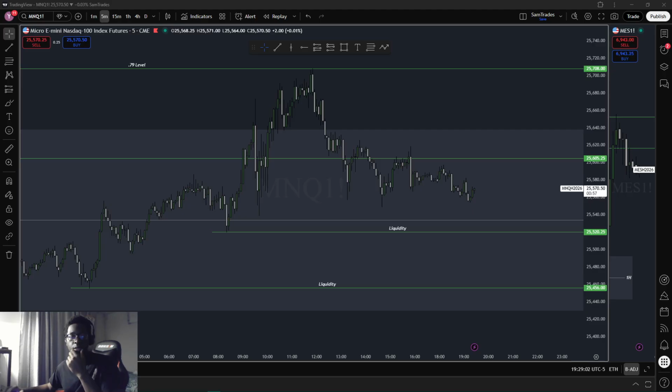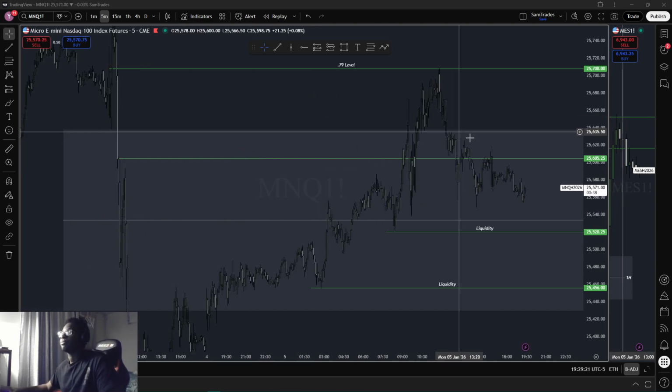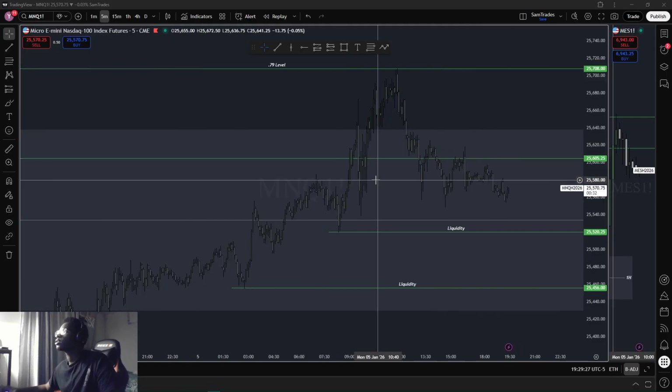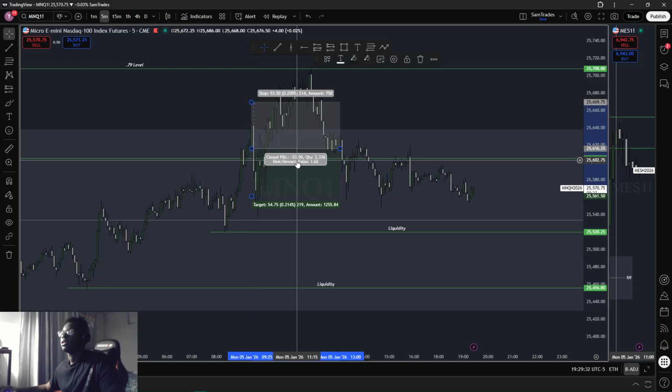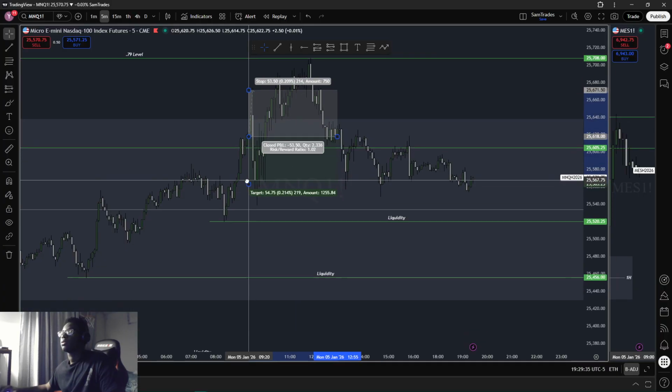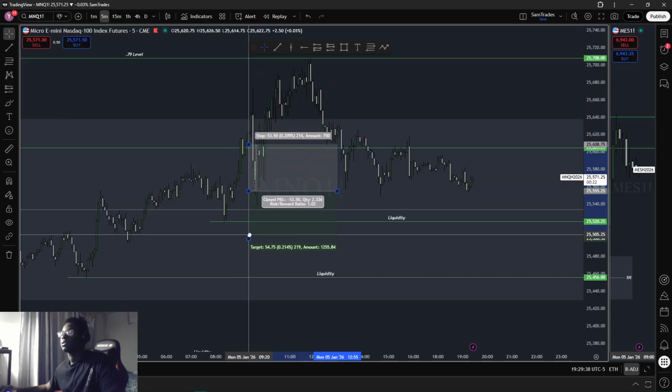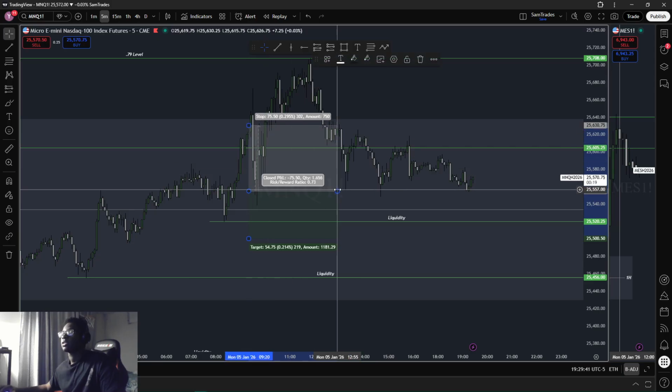Let me see exactly. I took 3 trades today, 2 longs and 2 shorts. I think I had one right here, it tapped me right there, and then I got stopped out.